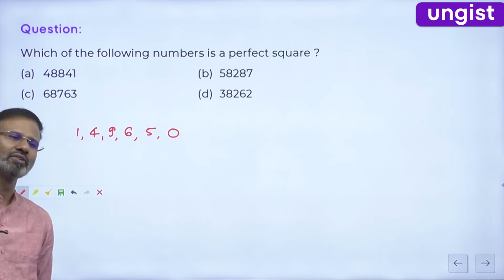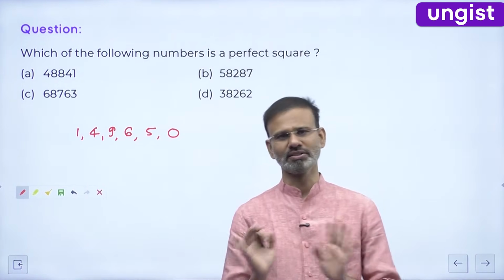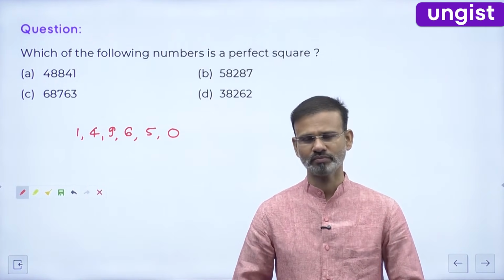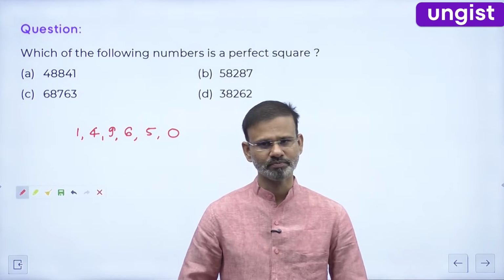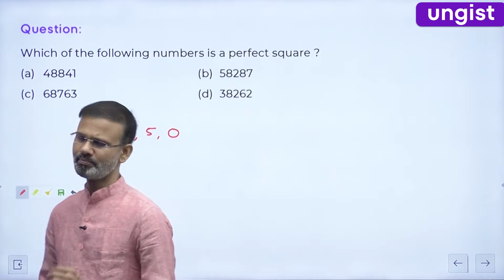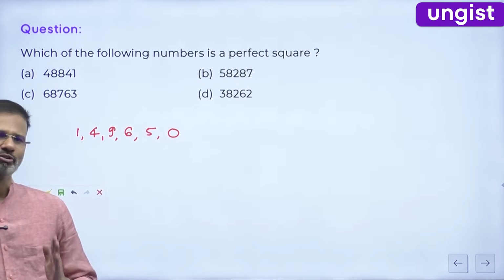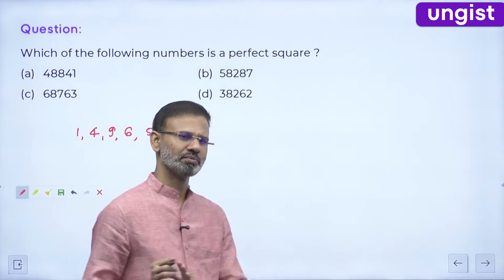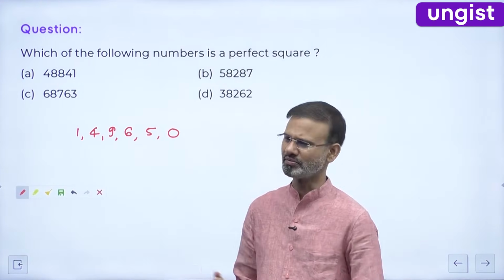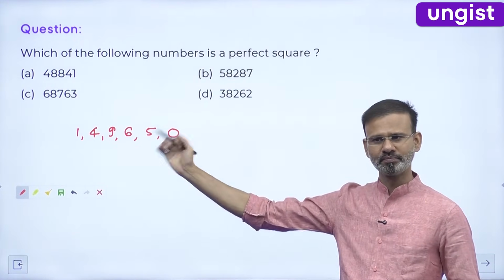A perfect square will always end with either 1, 4, 9, 5, 6, or 0. That's it. Correct, everyone? Or 6, 5, 0. Okay? Everybody clear now?